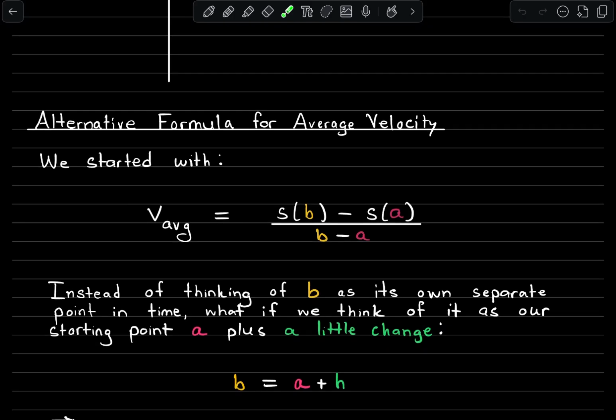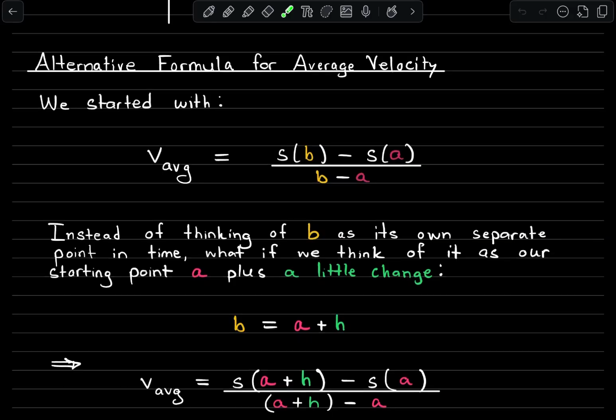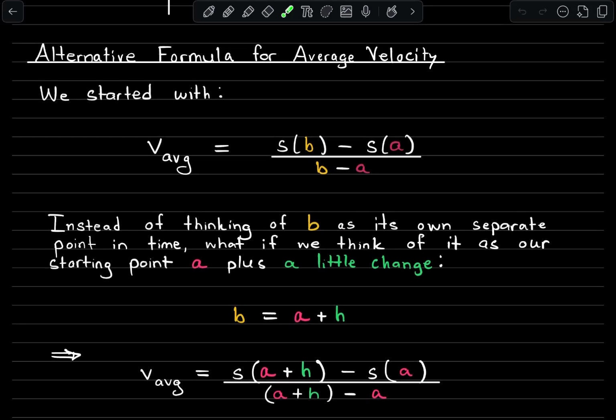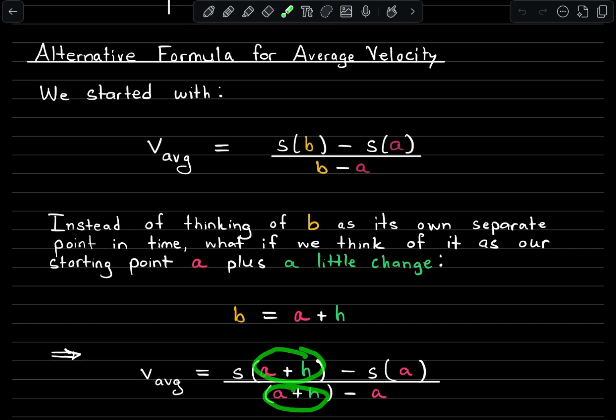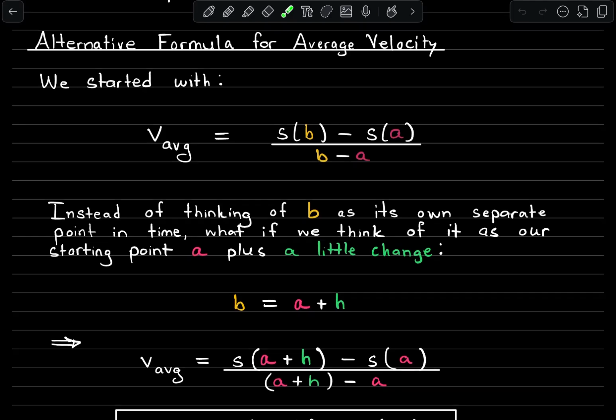This has some benefits as well. It's going to help simplify our formula a little bit. If we substitute a plus h, our starting point plus that little change in time, this is what the formula becomes. We replace b with a plus h. So now you've got s of a plus h minus s of a in the top, and a plus h minus a in the bottom.